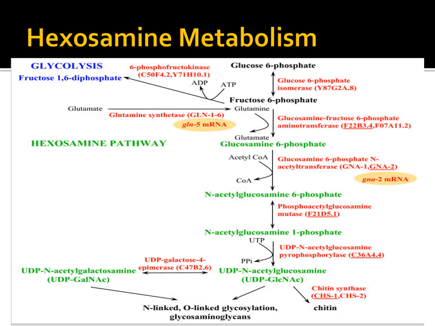Same way with your hexosamine metabolism, your glycolysis would have your fructose 1,6-bisphosphate and your glucose 6-phosphate would have your fructose 6-phosphate.